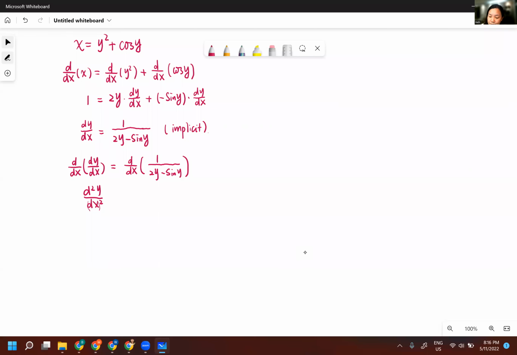On the right-hand side, how do we differentiate? Now, first, you must realize this is a function of y. And d/dx doesn't work on a function of y. I will change it to d/dy, and then times dy/dx.